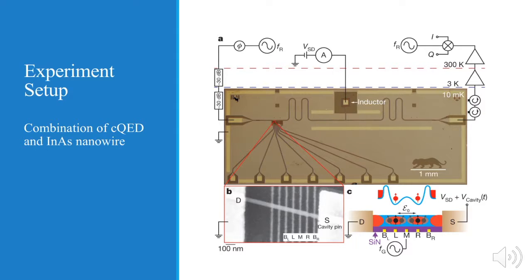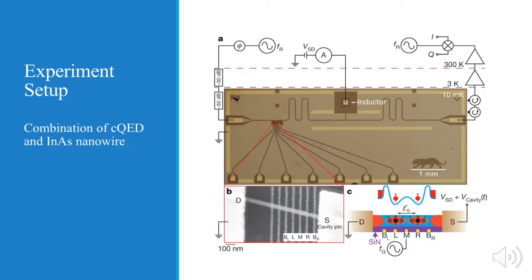So here is the diagram of the hybrid device design. The CQED allows spatially separated superconducting qubits to interact via a superconducting microwave cavity that acts as a quantum bus, making possible two-qubit entanglement and the implementation of simple quantum algorithms.